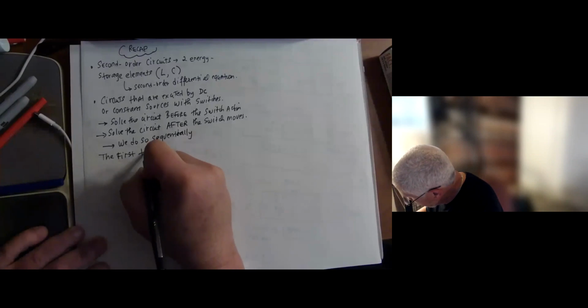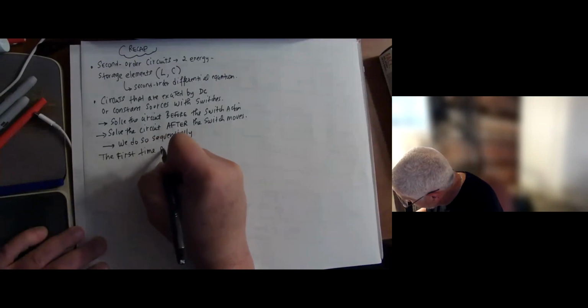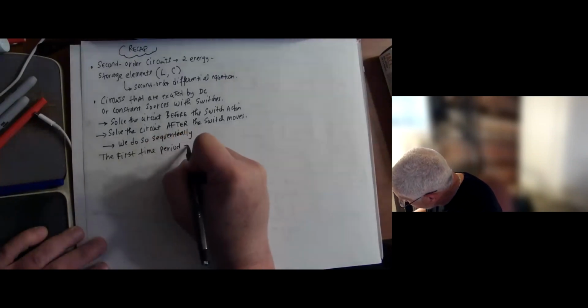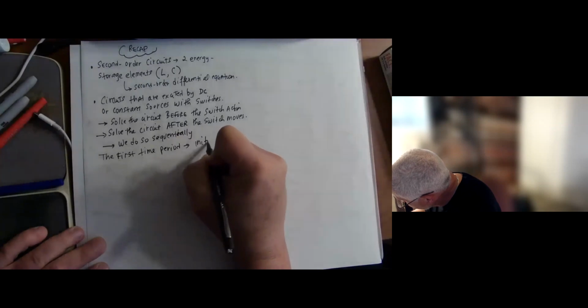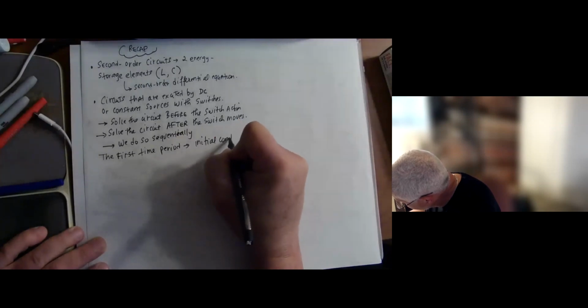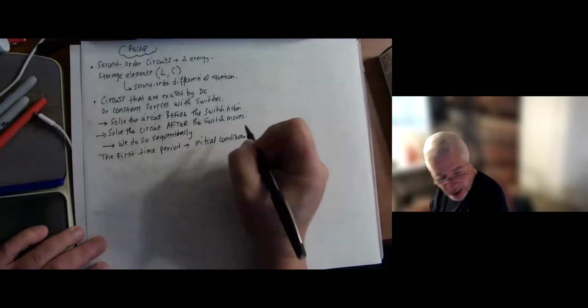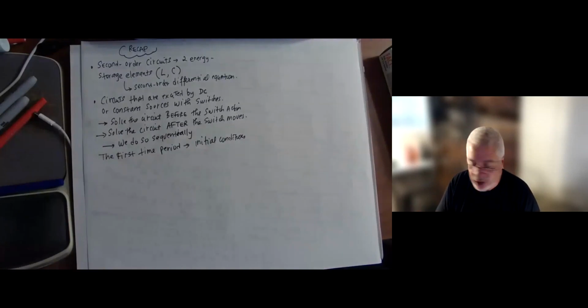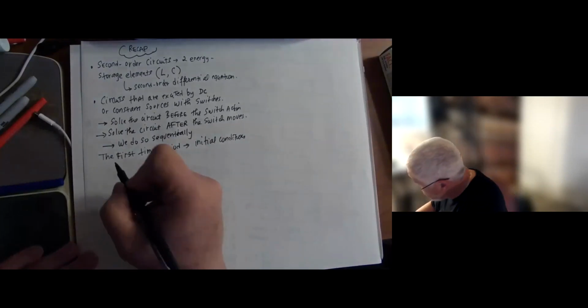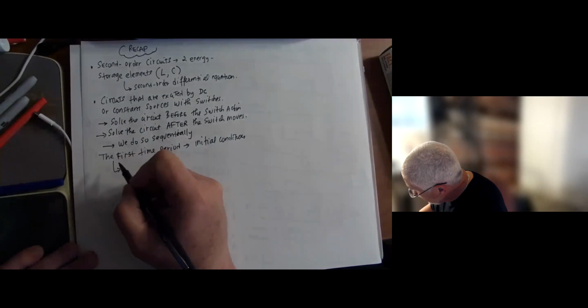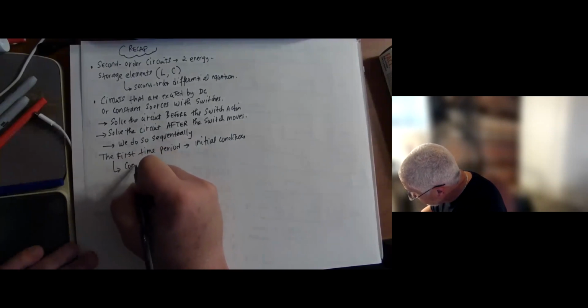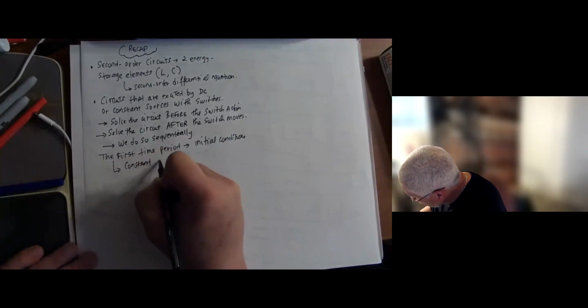The first time period gives us our initial conditions. Okay, so that's why we need to essentially solve for that. And during the first time period, again, we're looking at a constant source circuit.